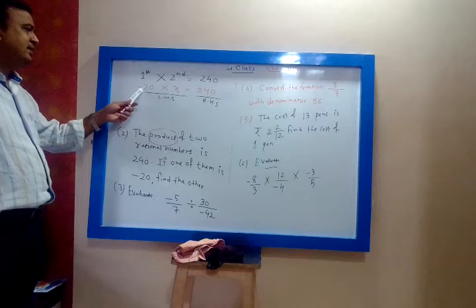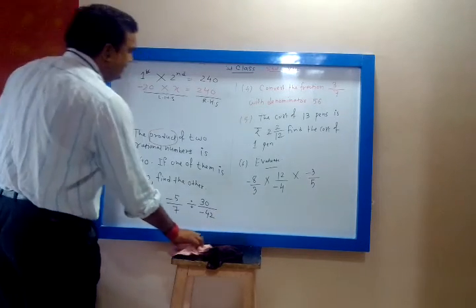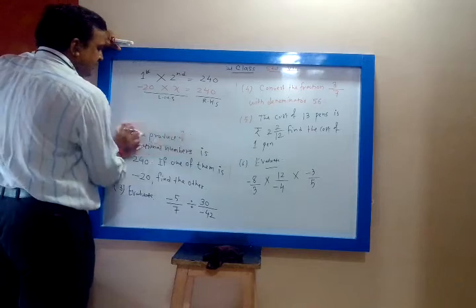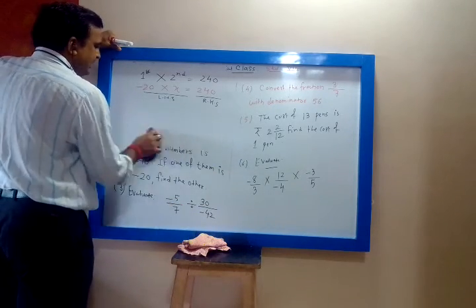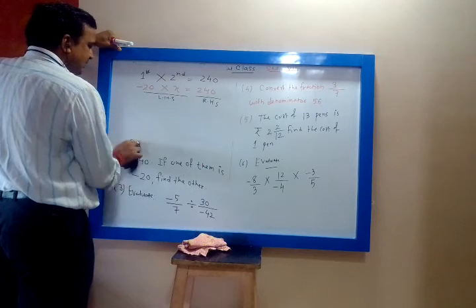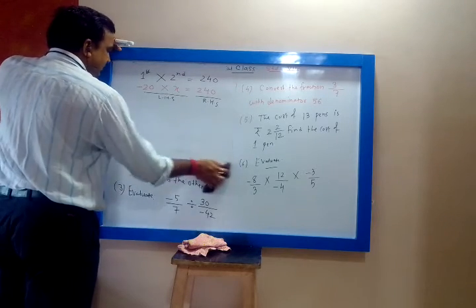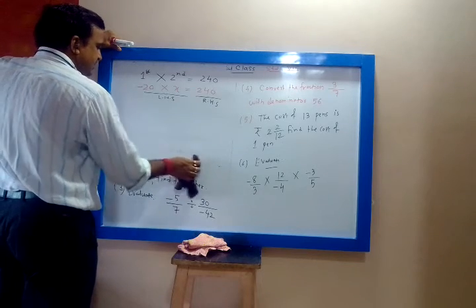Minus 20 is there in the multiplication. So when you take minus 20 to the right hand side, minus 20 will go in the division. And see here, sign will remain same. Minus will remain minus because this is multiplication, my dear.